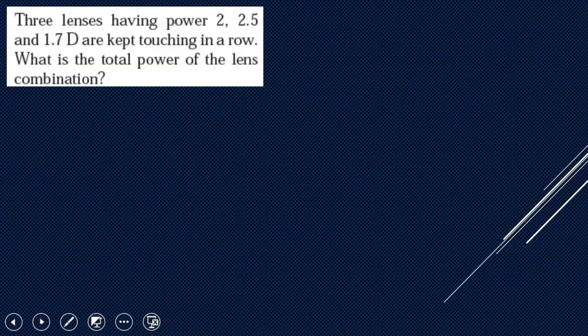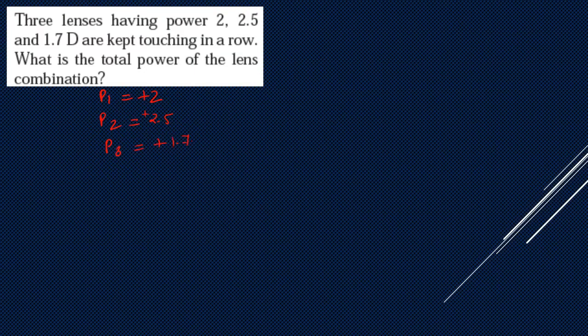Quite easy. Next, now 3 lenses having powers 2, 2.5 and 1.7 are kept touching in a row. What is the total power of the combination? Now, if signs are not given, that is 2, 2.5, 1.7, that means all 3 are positive, right? So let P1 be equal to plus 2, P2 be equal to 2.5 and P3 be equal to plus 1.7 diopters.